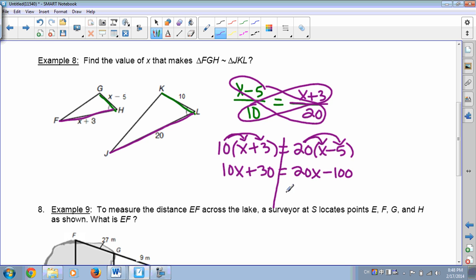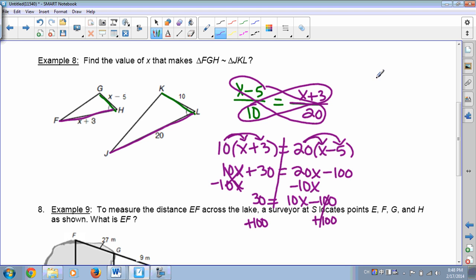Okay, we now have a baby, a 10x, and a mama, a 20x. We're going to go ahead and subtract the 10x and bring it to the mama. We have 30 is equal to 20x minus 10x is 10x minus 100. Then you would add 100 to both sides.